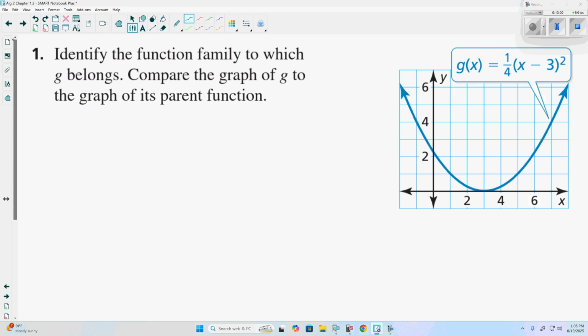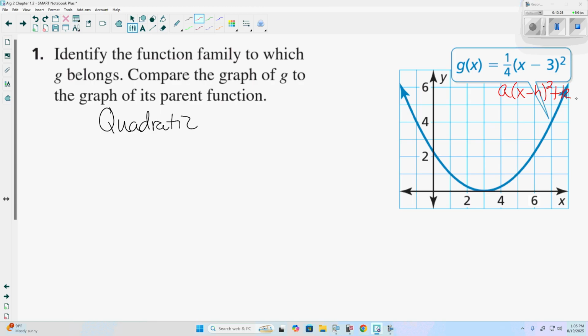So we look at this one here. We have 1/4 times the quantity x minus 3 squared. The parent function would be a quadratic. Do we have a value for k?